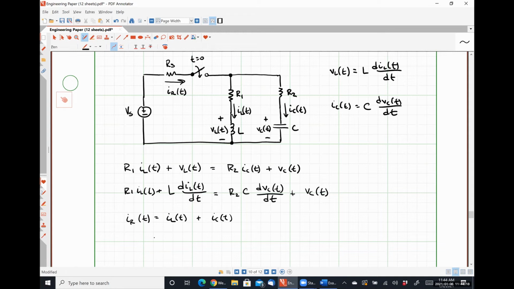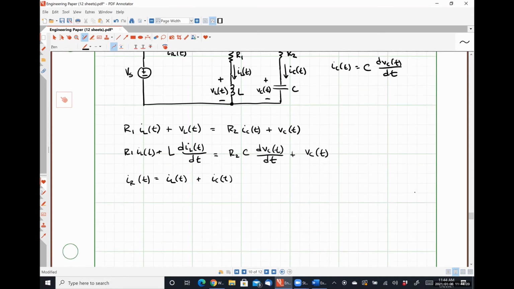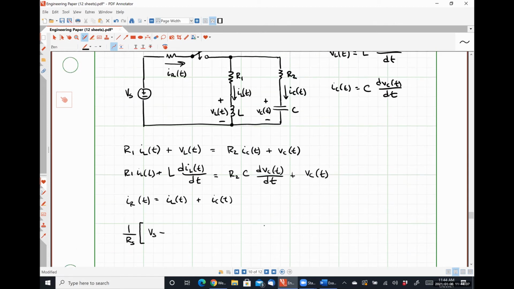So IR is going to be simply 1 over RS multiplied by VS, the voltage on the positive polarity or the left-hand leg of the resistor, minus either the total voltage drop over the left-hand branch, or the total voltage drop over the right-hand branch. They represent the exact same quantity, right? So this is just nothing but good old Ohm's law.